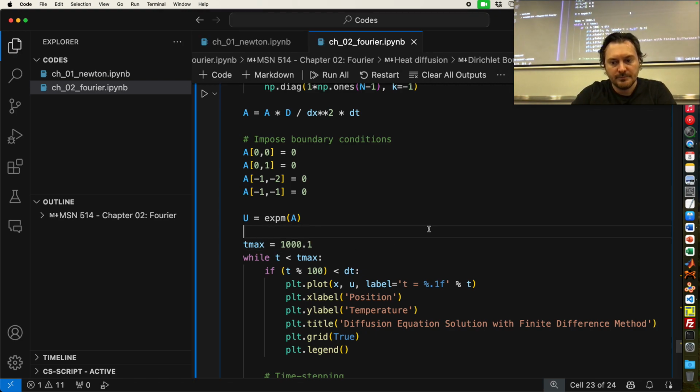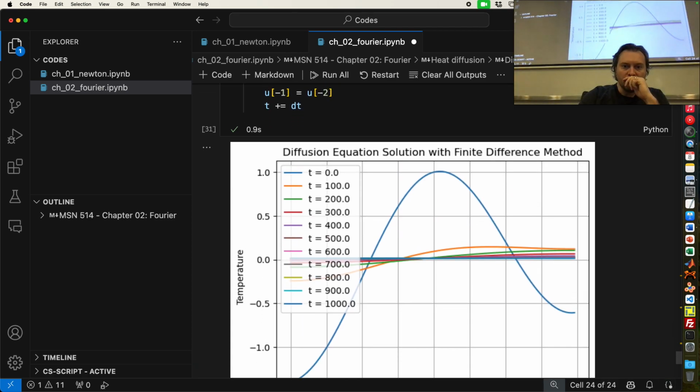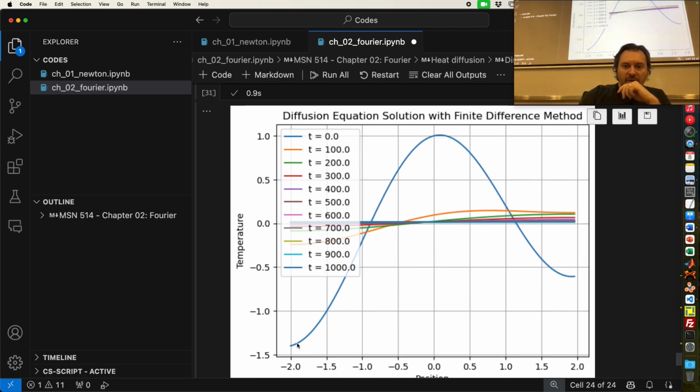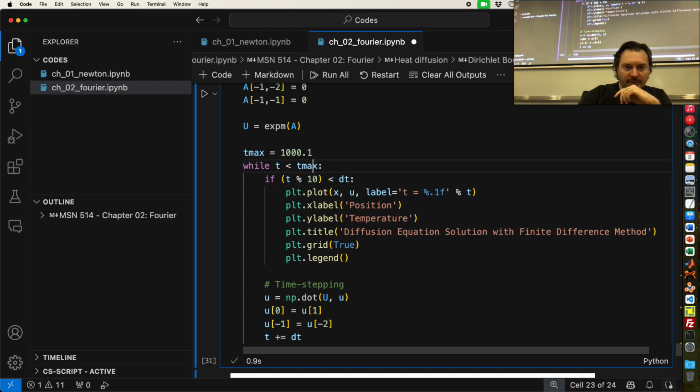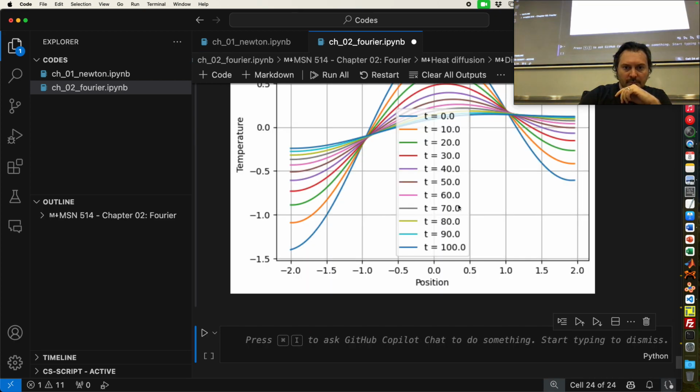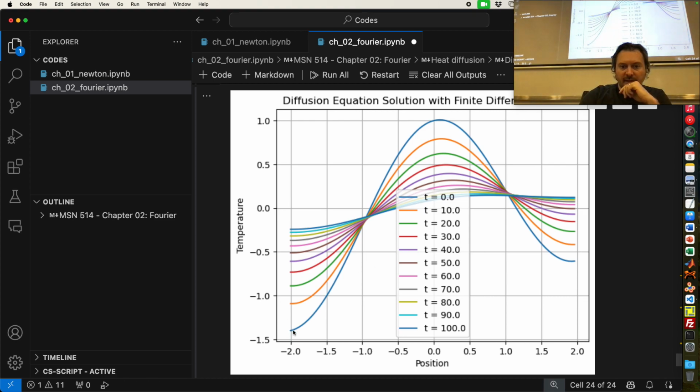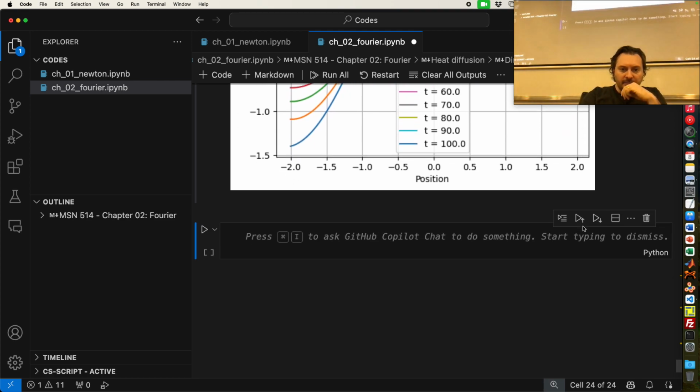Oops. Do you see what happened? Okay, maybe we should take fewer time steps. So this time they are not fixed, but the derivative is going to 0 at the edges. So eventually the temperature would just go to the same point everywhere. Uniform distribution. Okay?